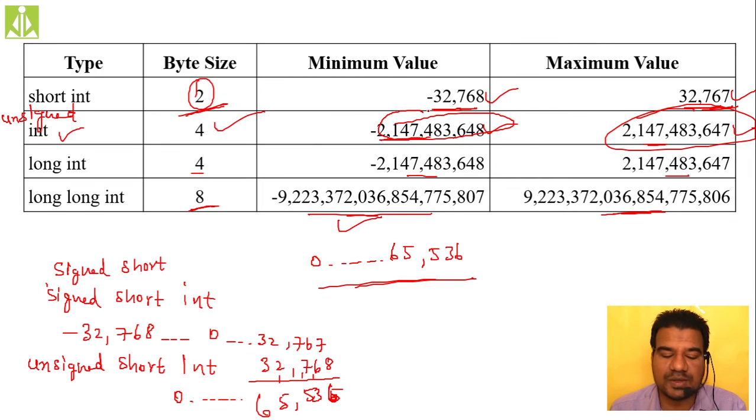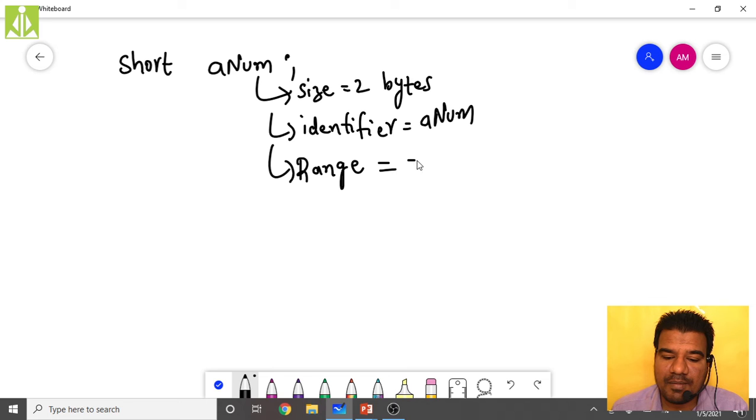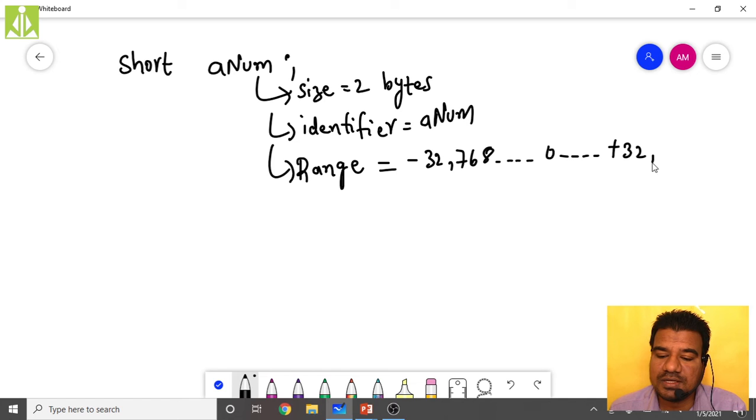Minus 32,768 to 0 to plus 32,767. This is my range of values. I can store 0 in this enum. I can store 1, 2, 3 up to 32,767. In the same way, I can store minus 1, minus 2, minus 3 up to minus 32,768. So likewise, I can store values into this one.